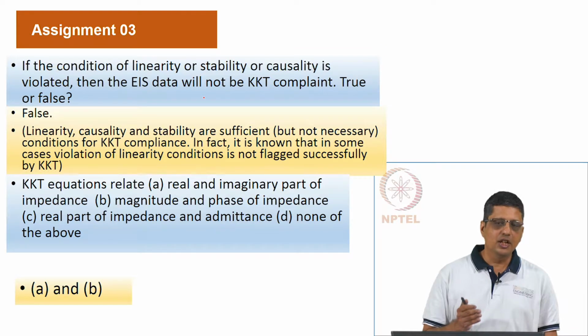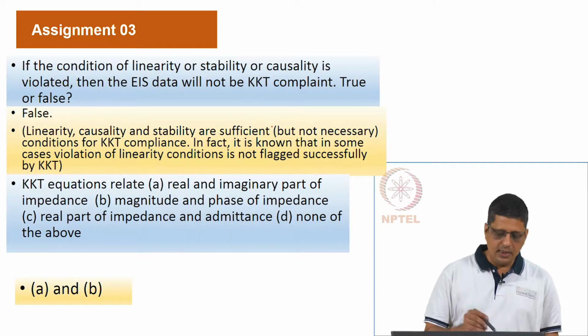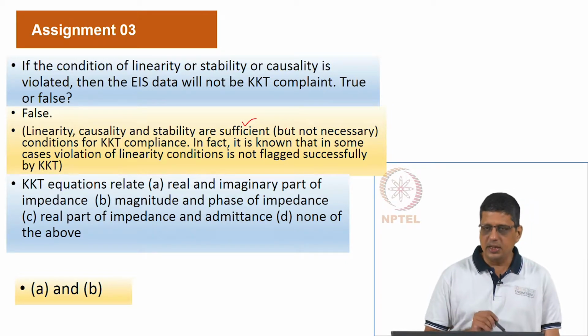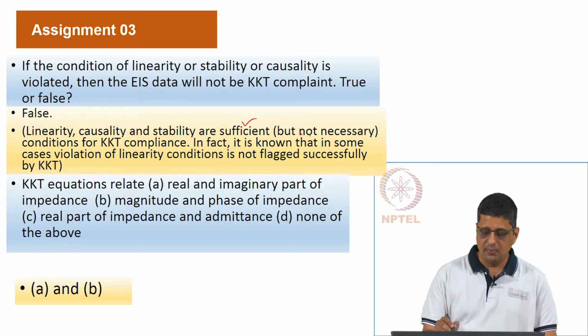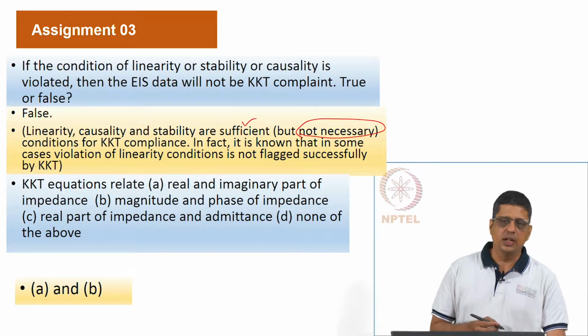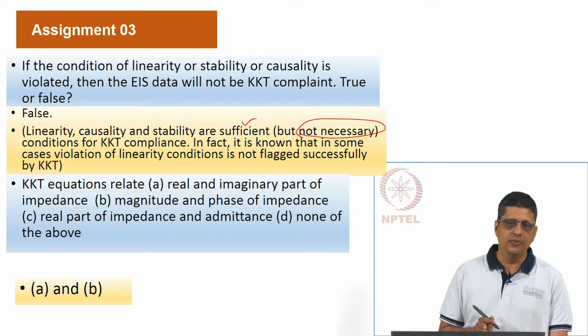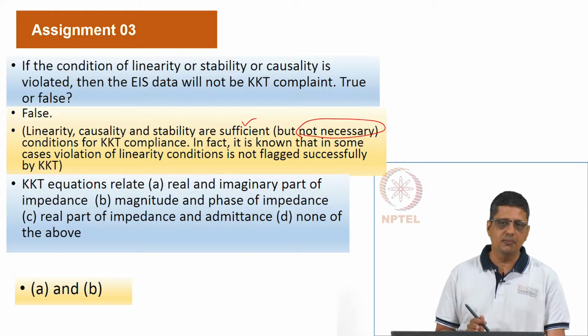But even if it is not linear, sometimes the spectrum will be KKT compliant. So, basically these are sufficient conditions, but these are not necessary conditions. Although our experience is, in general, if there is a violation of stability, KKT will detect that. Violation of linearity, sometimes KKT detects it and sometimes it does not detect it.